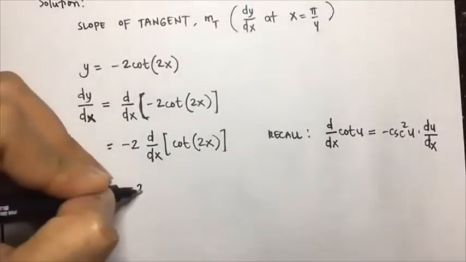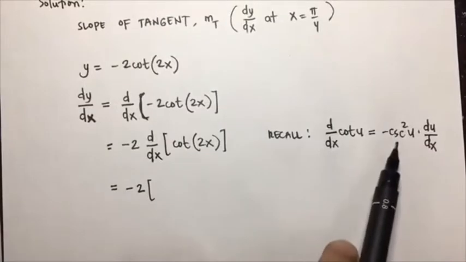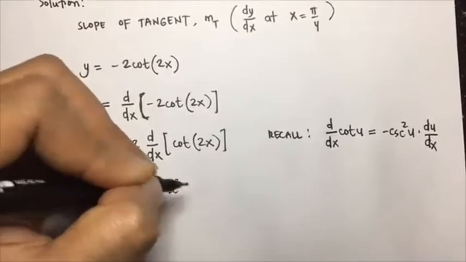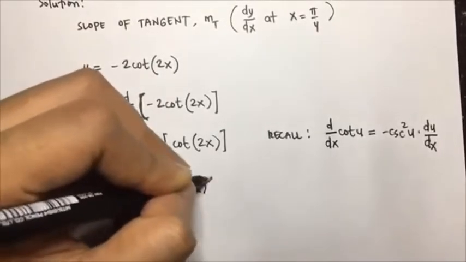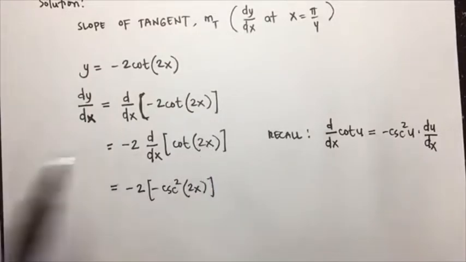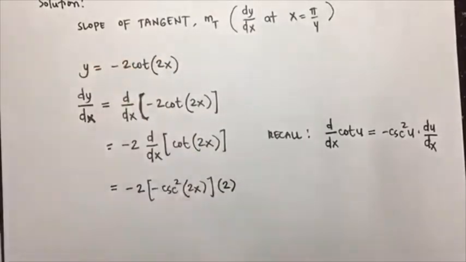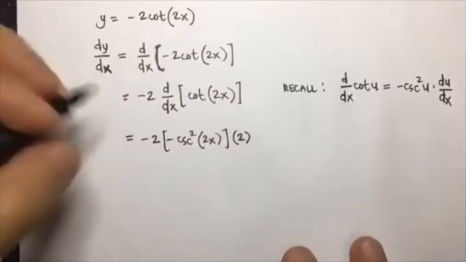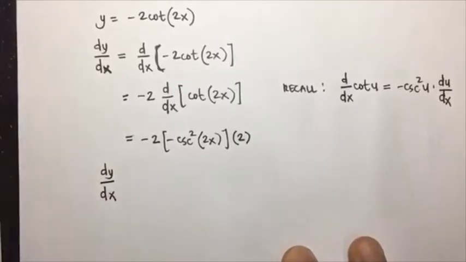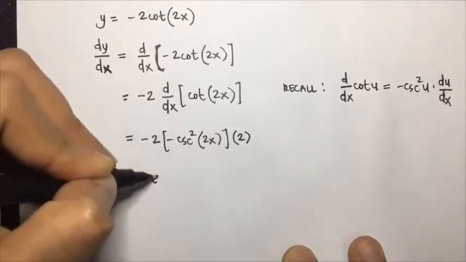Therefore, the derivative of cotangent of 2x is negative cosecant squared of 2x, multiplied by du over dx, the derivative of 2x. The derivative of 2x with respect to x is 2.